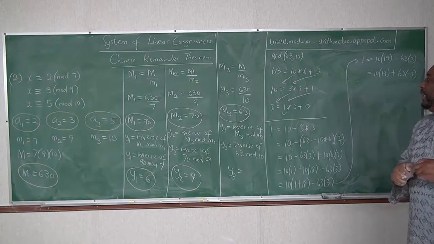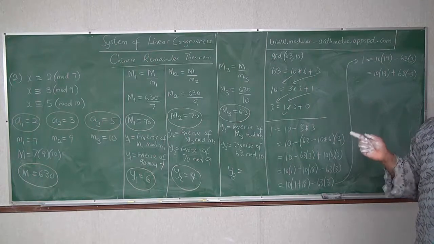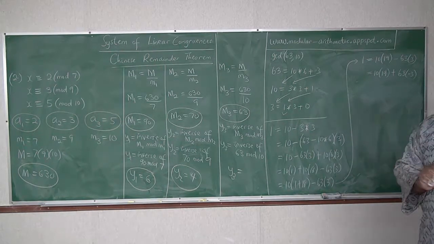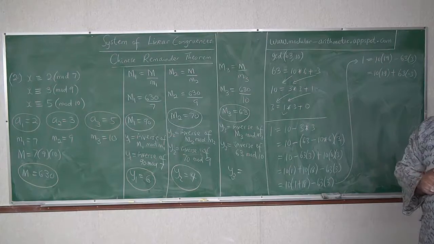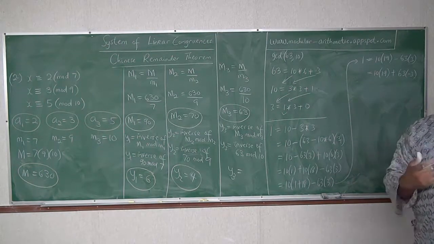Okay, we need the inverse of 63 mod 10. Now let's check this first. 10 times 19 is 190. 63 times 3 is 189. So it works. 190 minus 189 is 1.